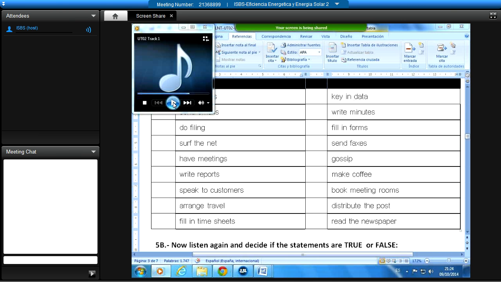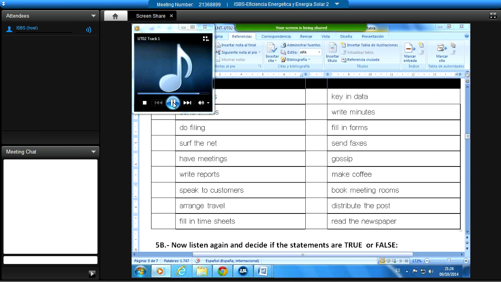And I often have a chat and a gossip with my mates, my colleagues at the coffee machine. In the afternoon, I do the same sort of work, but I usually find time to surf the net. To surf the net, to use the internet. For 5 or 10 minutes.